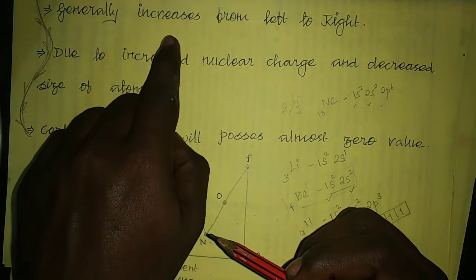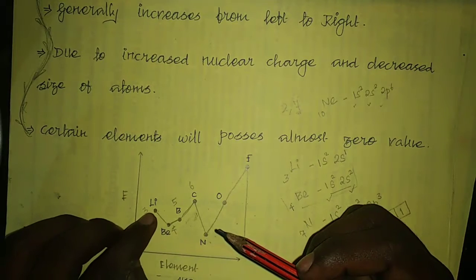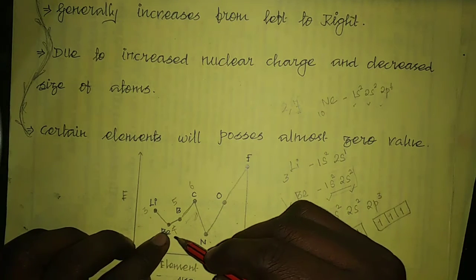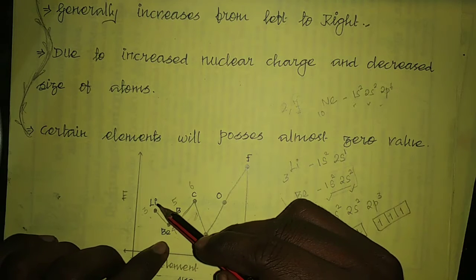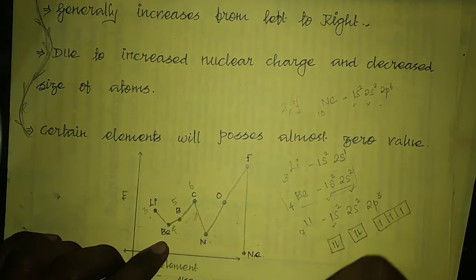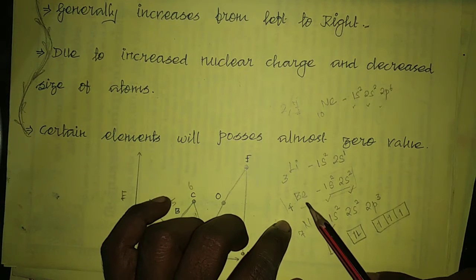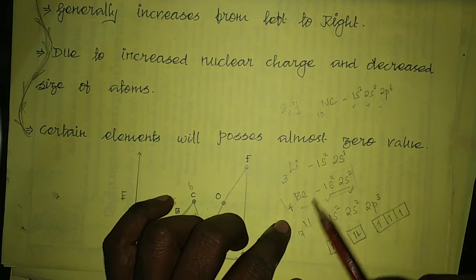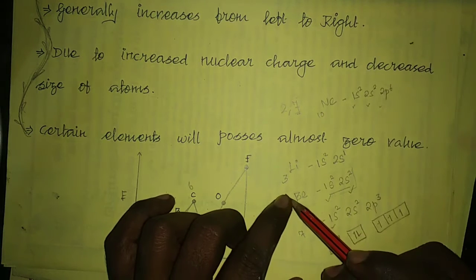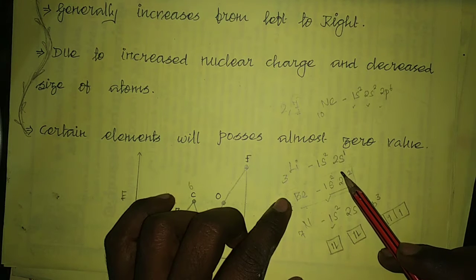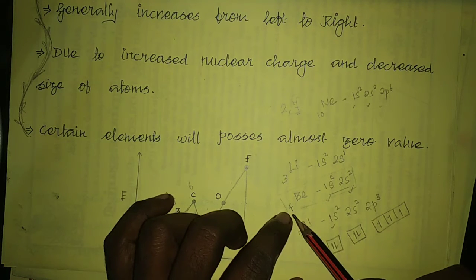Okay? But we saw that generally it increases. So beryllium should have higher electron affinity than lithium, but it is showing lower electron affinity than lithium. Why is it showing such a low value? Look here, I have written the electronic configurations of lithium and beryllium. Lithium's atomic number is 3. Its electronic configuration will be 1s2, 2s1. Then beryllium's atomic number is 4.